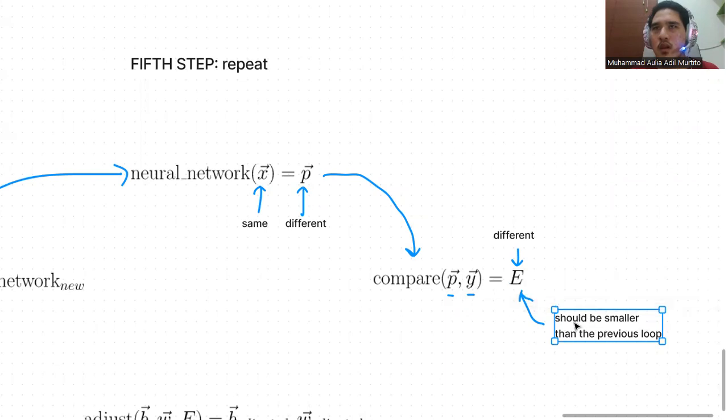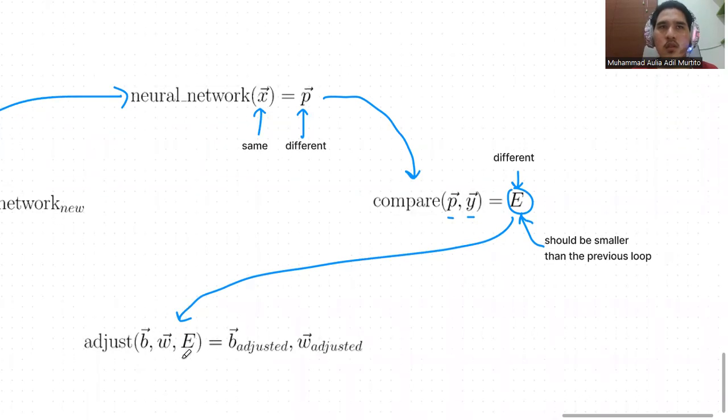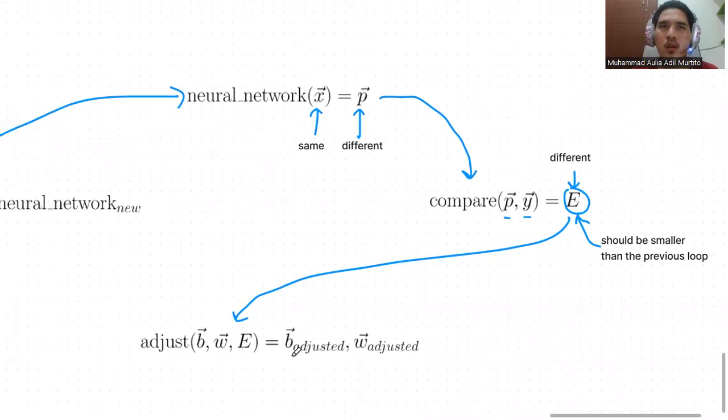The error should be smaller than the previous loop because the weights and biases should be better than the random weights and biases which the first loop has. And so with the new error, which should be smaller than the previous loop, we adjust the biases and the weights again.